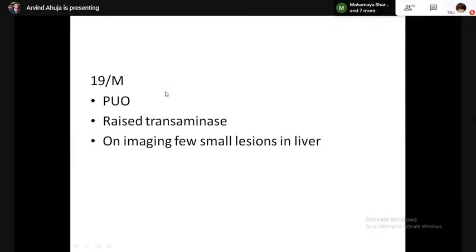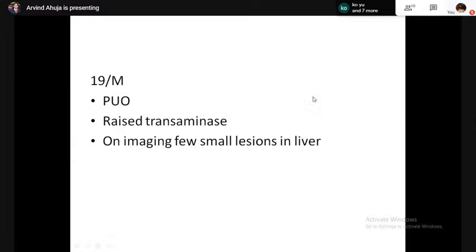Another case of infection related hepatitis. It is a 19-year-old male. It was a very young, enthusiastic boy who presented with pyrexia of unknown origin.